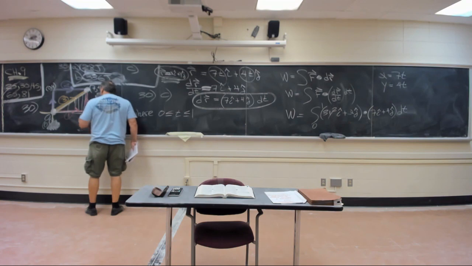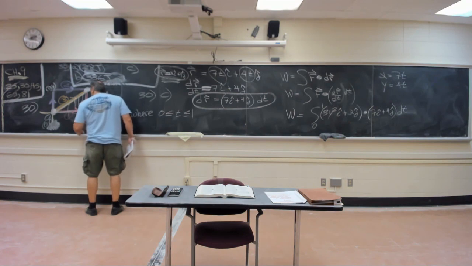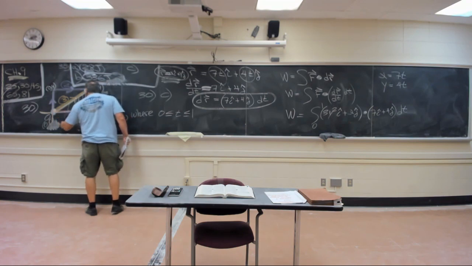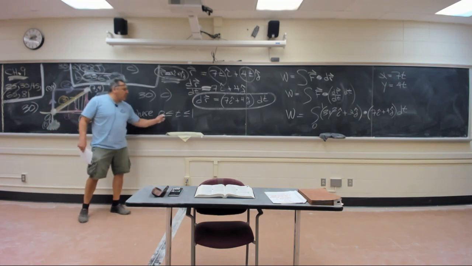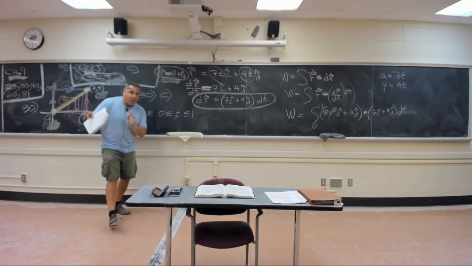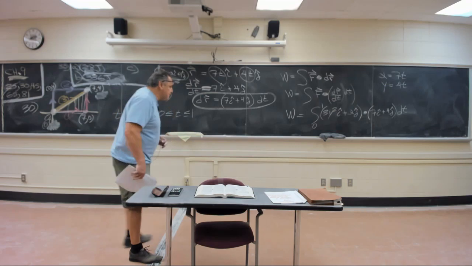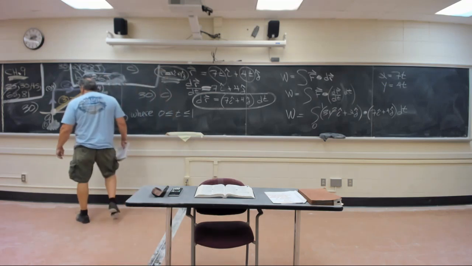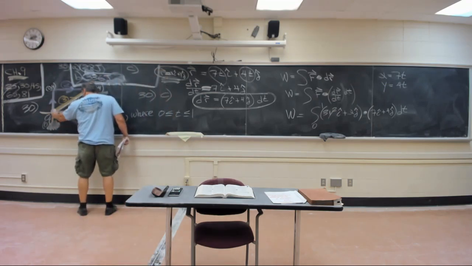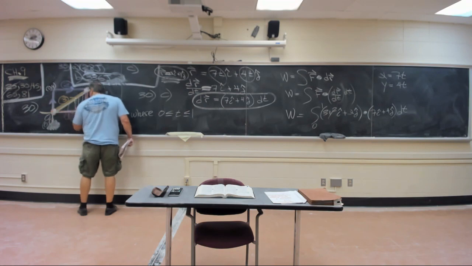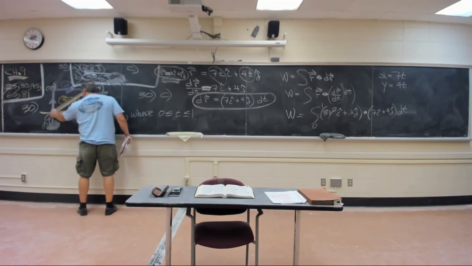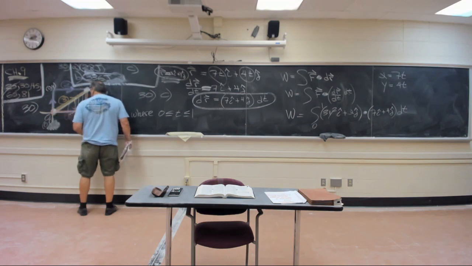How much faster? He's covering, in a time t with t equals 0 to 1, that great measuring stick of length 1, from 0 to 1, as we run, this is going 7t. What does that mean? In time t, you'll go 7t in the x direction to the right.